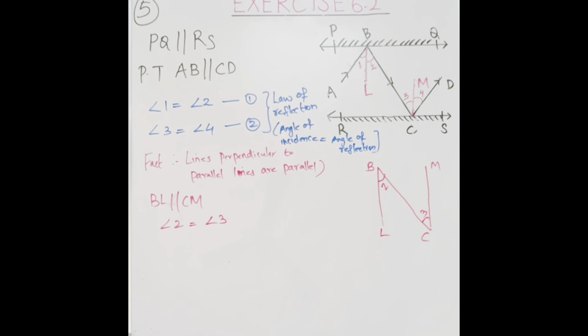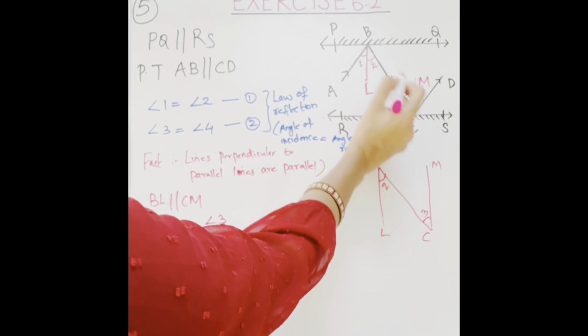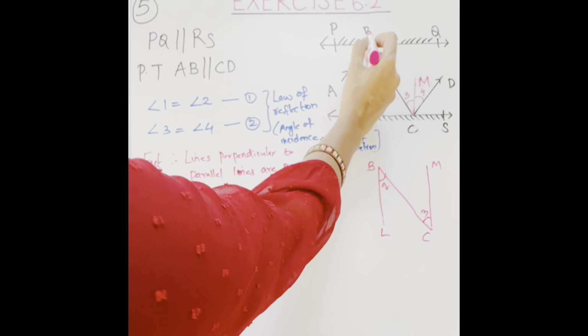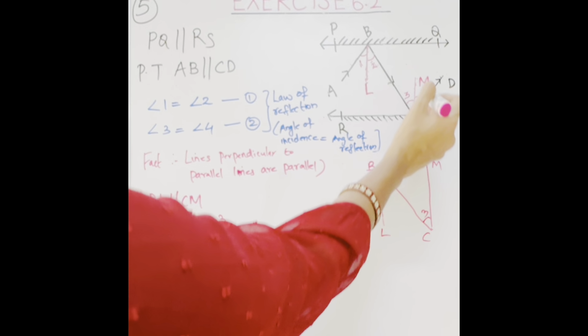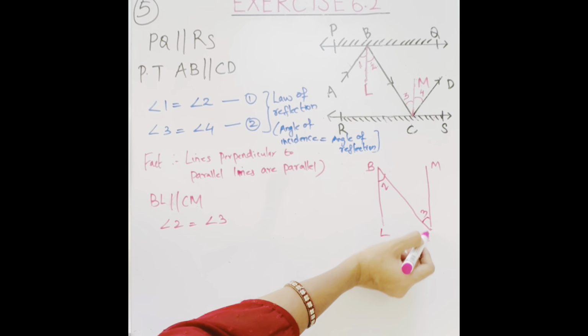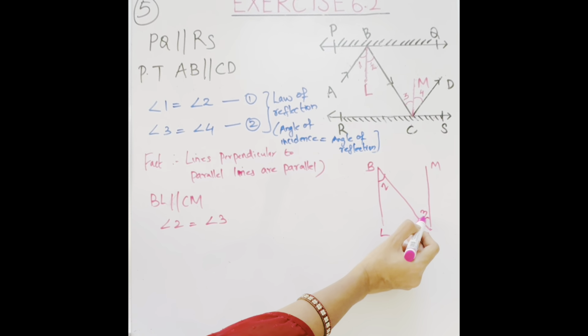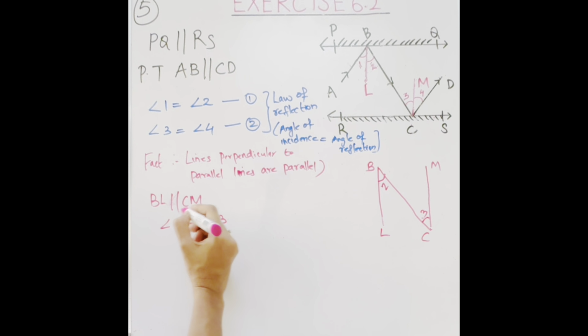Did you understand how we got that? These angle 2 and angle 3 are alternate interior angles to parallel lines BL and CM cut by transversal BC. So angle 2 is equal to angle 3.